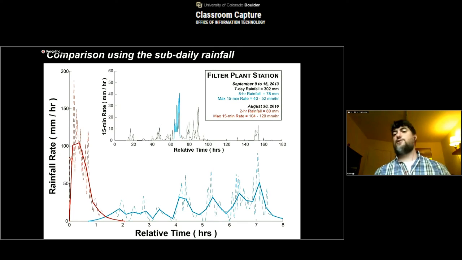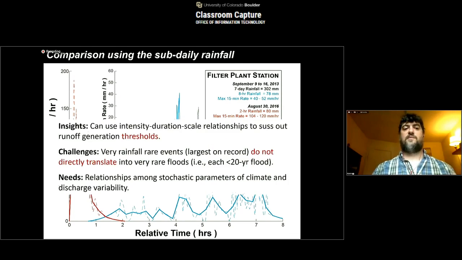So what matters to you when you do these kinds of analyses is actually really reflective of what process response, like landslides, rilling, flooding, are going on in your landscape. And so we can use these more sophisticated time series analyses to suss out intensity, duration, scale relationships, and also to figure out if there are erosion and runoff thresholds that are very important to the evolution of our landscapes and to the evolution of hazards.